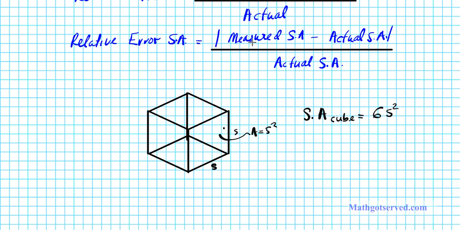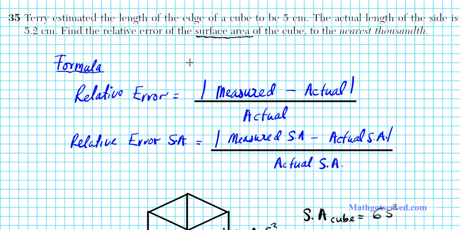Okay, so looking at this formula we have here, we have to find the measured surface area first. So let's go ahead and find that measured surface area. So we need to use the measured side length. Okay, so measured side s is equal to, what did Terry measure?